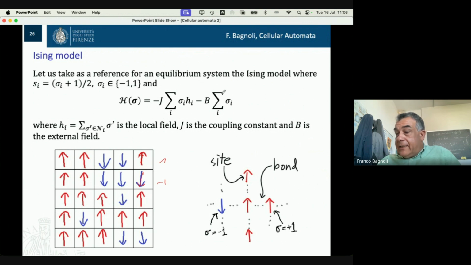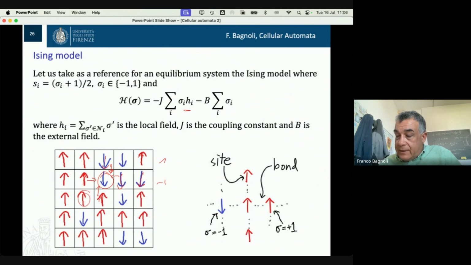So this is the energy, which has a term that depends on the fields. Let's say this one, the fields that the neighboring sites generate. So for instance, in this case, it is 0 because we have two 1s and two -1s. So the local field here is 0.